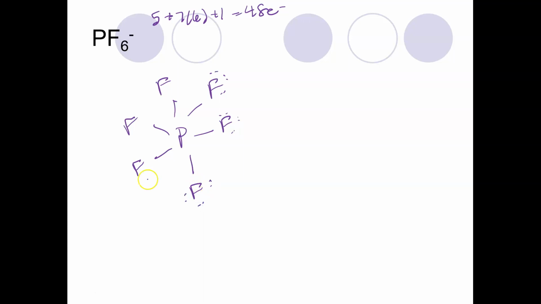Each fluorine is supposed to have 6 dots around it. Okay, so I have used 2, 4, 6, 8, 10 with the 10 electrons from the lines.